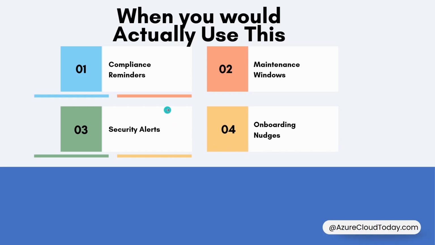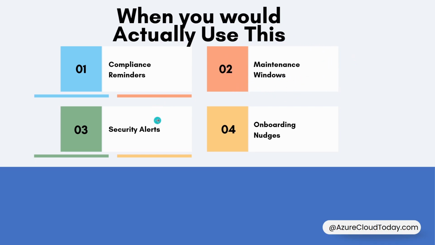Now, some of the scenarios where custom notification can be used are as follows. You can send compliance reminders from here, notifying a user that their device must be on the latest iOS version. Also, if you want to quickly notify a team about a maintenance activity, then in such a scenario, you can make use of custom notifications.